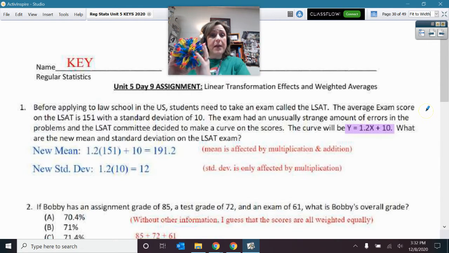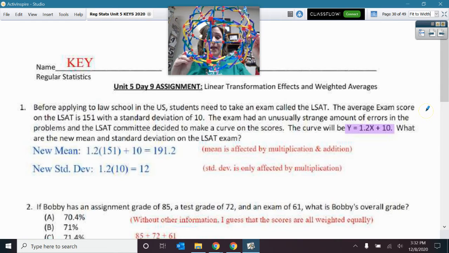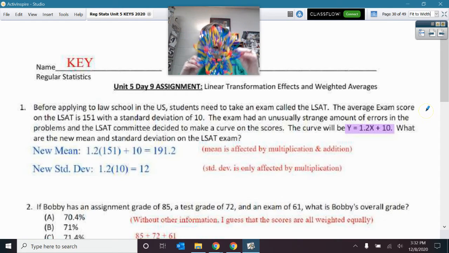The mean or the median would be shifted. But the spread would not change just by adding or subtracting. But if we multiplied by something, then the spread changes in addition to the center.